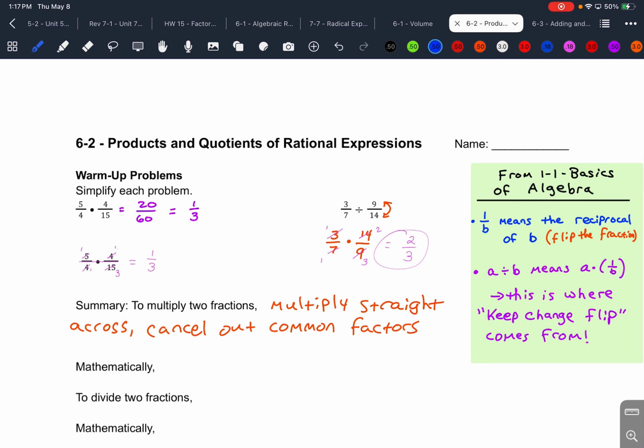Mathematically, what this means is if we have a over b times c over d, this is equal to one big fraction of a times c over b times d.